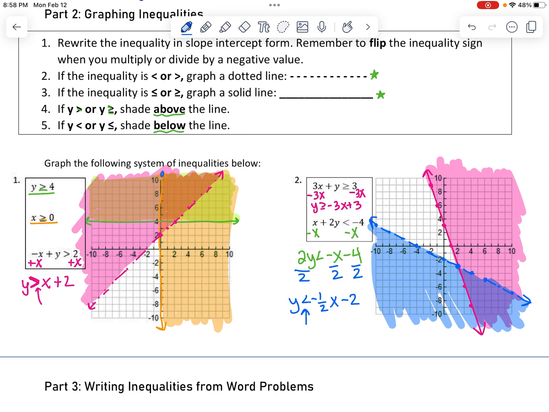For this problem here, this section right here was our feasible region because that region is where all of the shadings overlap. Or in this section, this part here was our feasible region. Again, it's where the shadings all overlap. So that is the feasible region.